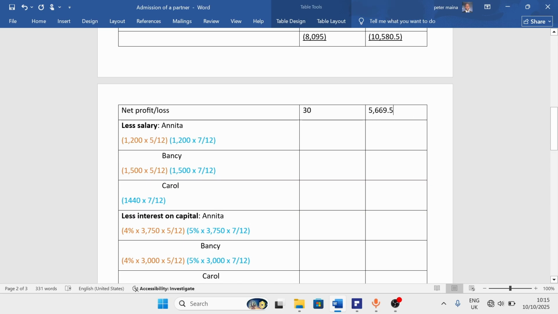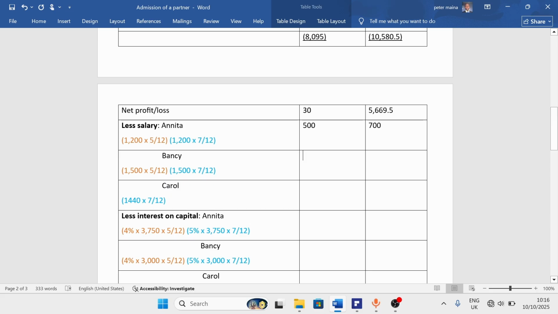So we start with Anita. The 1200 annual salary, we take salary for 5 months only. So multiply by 5, divide by 12. That gives us 500. For the next period, we are going to have 1200 multiplied by 7 divided by 12. That is 700. And then we go to Banse.